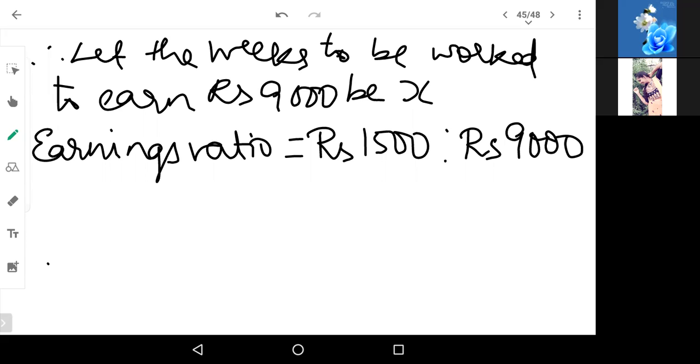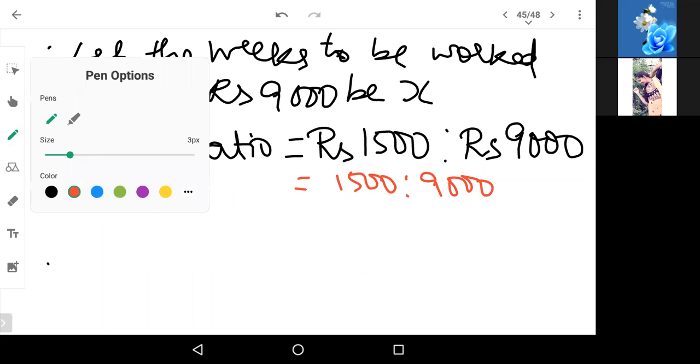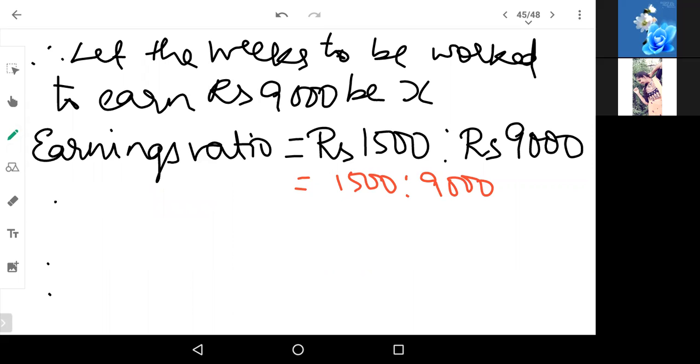So the ratio is 1,500 is to 9,000. If you remember, ratios should not have any unit of measurement. No rupees, no hours, minutes, nothing will be there. Now another ratio that we get is the time, or weeks.